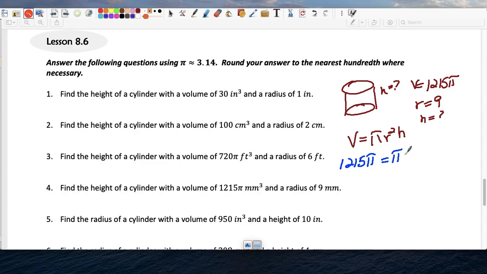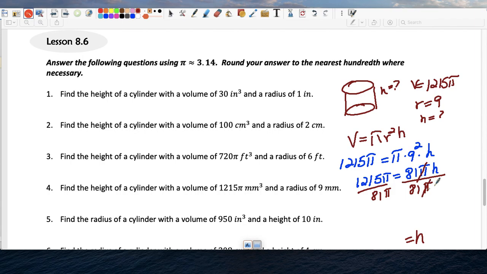Equals pi, and r is 9, so it's going to be 9 squared. I could have just written 81 right off the bat, but I'll write another line. So pi times 9 squared times h, let's just rewrite that as 81 pi h, because 9 times 9 is 81. Remember, we want the height, so our equation is going to look like this. So I need to get rid of the 81 pi, so divide by 81 pi, and I'm going to divide by 81 pi on the other side.